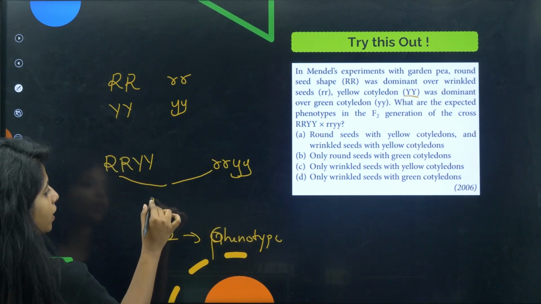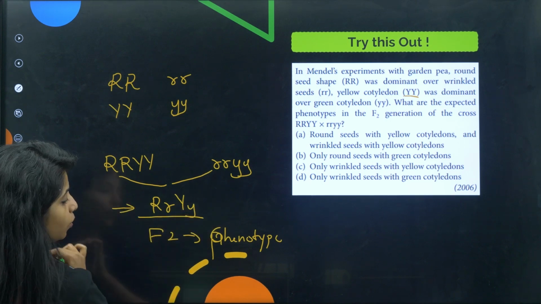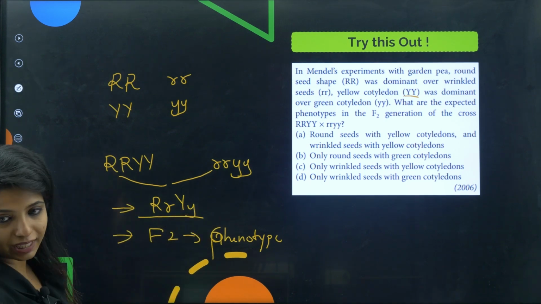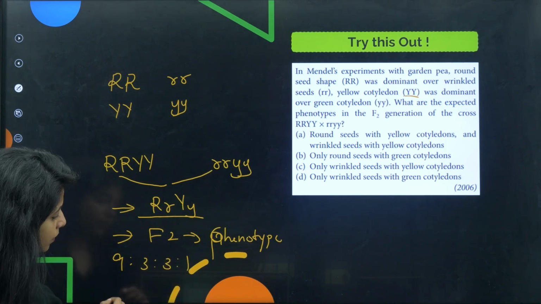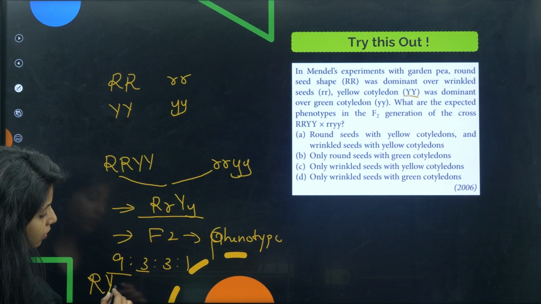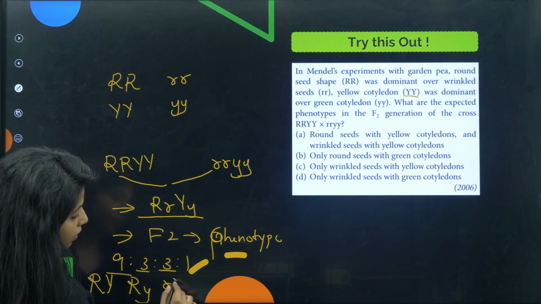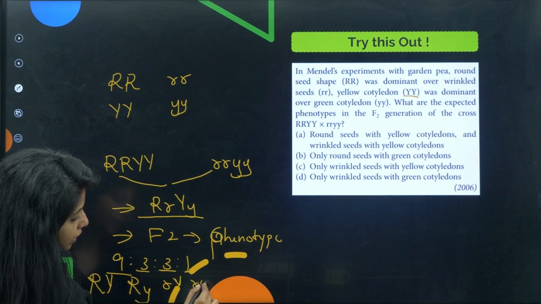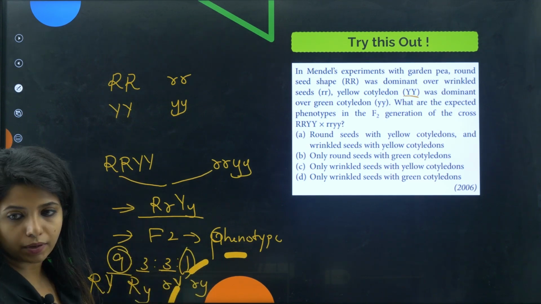In F1 we got all of them capital R small r, capital Y small y, all of them round and yellow. They are asking about F2, and we studied it right now, the 9:3:3:1 ratio. 9 was what, children? Round and yellow. This was round and green, this was wrinkled and yellow, and this was wrinkled and green. The minority will be the recessive one, the majority will be the dominant one, rest combinations are in the middle.